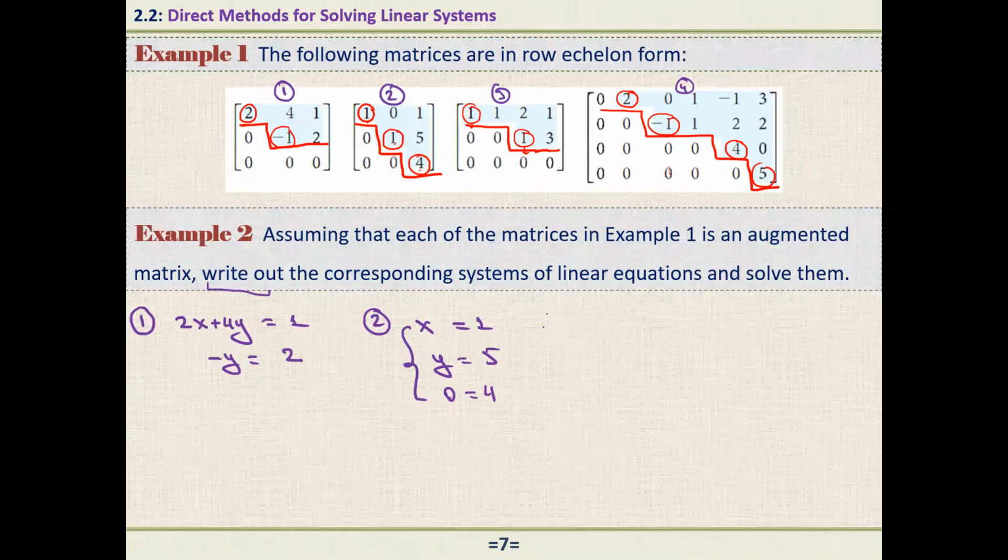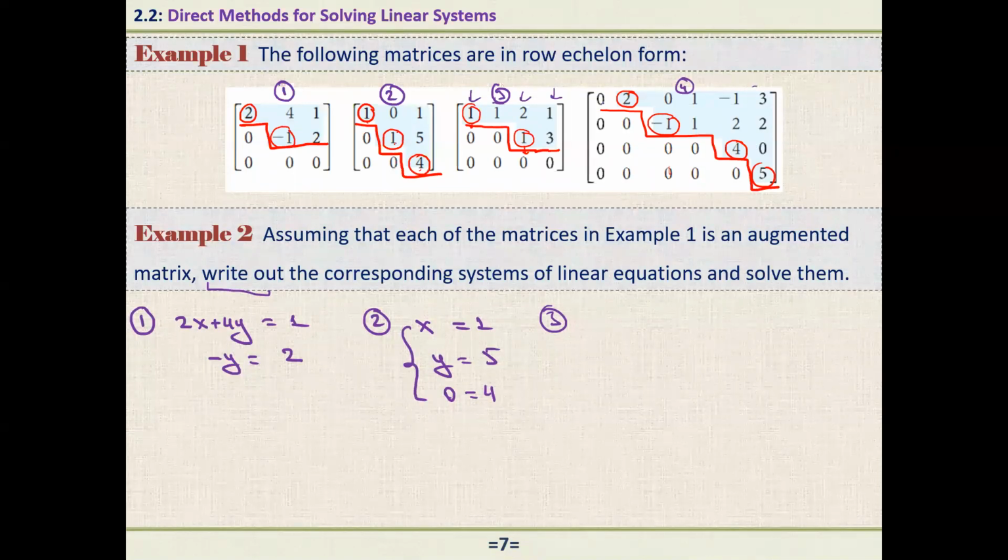And how about the third one? As you see here in the third augmented matrix, we have 4 columns. That means that here we have 3 variables because the last one is constants. What is it? The column vector of constant terms, right? That represents the constant terms in the system.